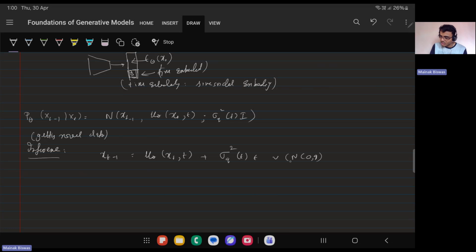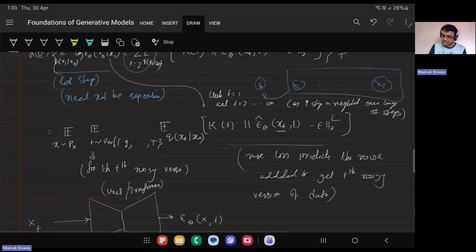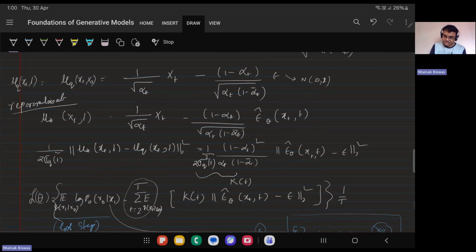As we have already shown, any normal distribution can be written as mu plus sigma z, where z is epsilon here because of the notation that we are following. So now this term over here, from this equation, we have already written this down. Just copy this.